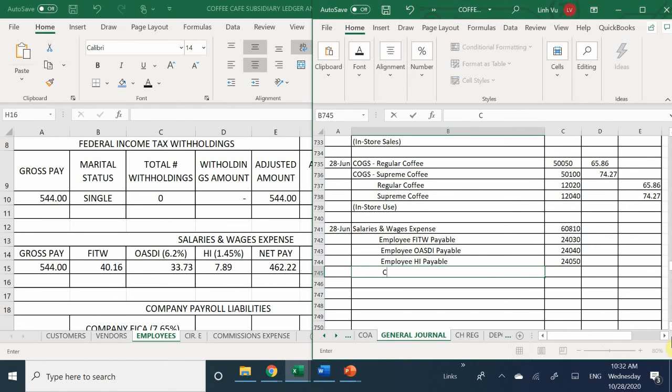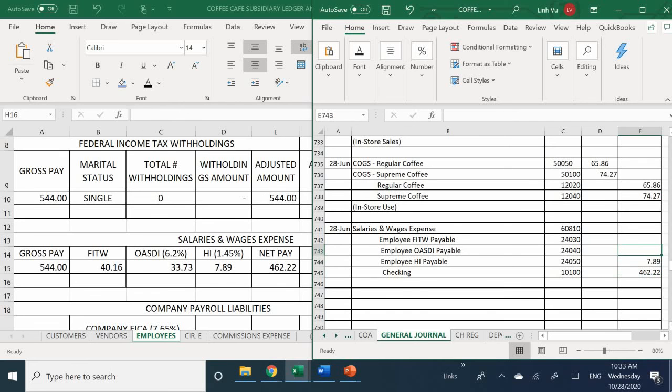Checking. Now you have to pay the employee. So checking is 10,100. How much did I write the check out for? 462.22. How much was my Medicare? $7.89.